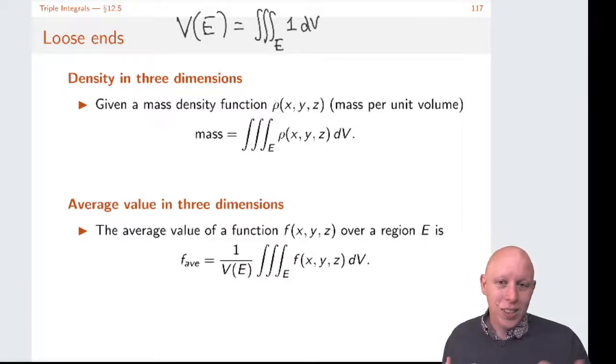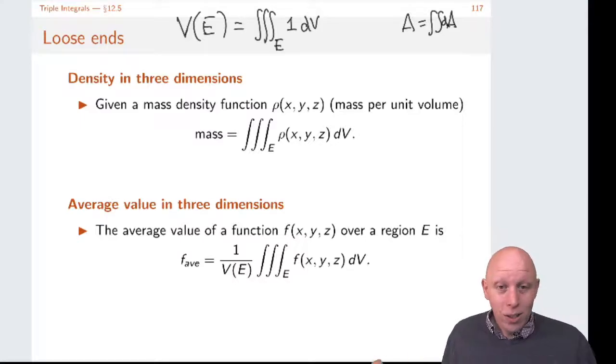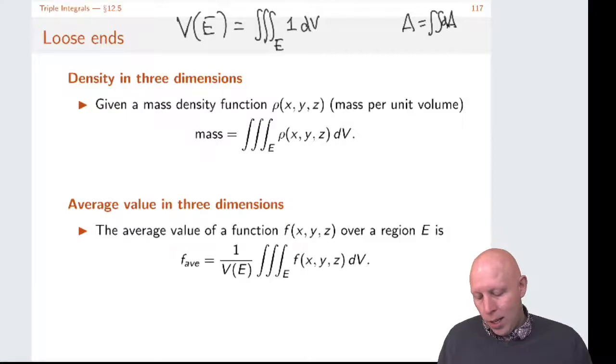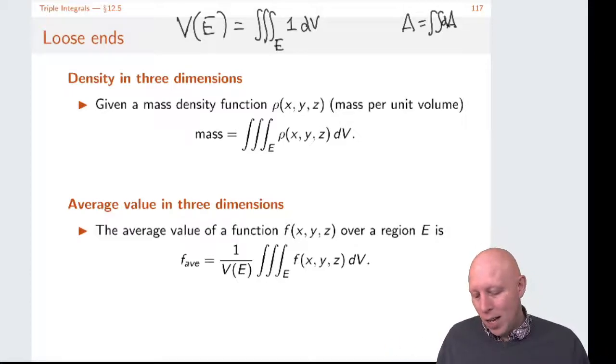So just like we could calculate area as the double integral of dA, we can calculate volume as a triple integral of dV. In general, we're not going to be calculating four-dimensional volumes, but you could think of these as four-dimensional volumes.